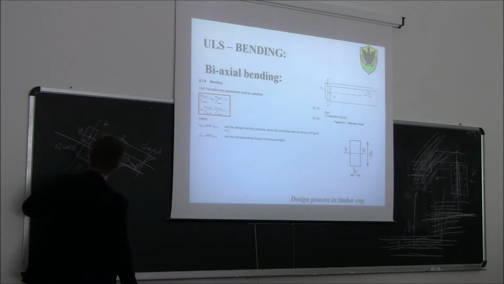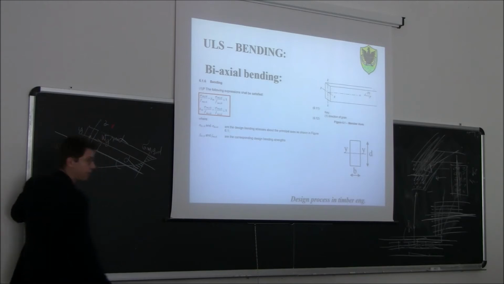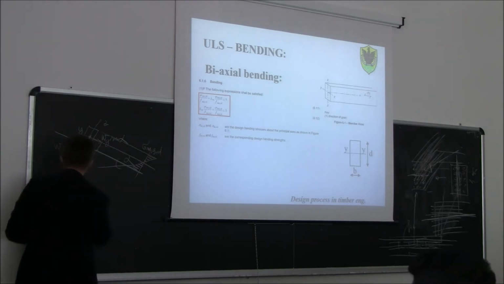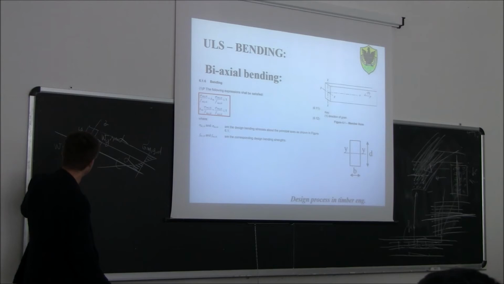So let's first study the stresses induced by the component of the load in the z direction. The component of the load in the z direction is W cos alpha, and it will induce some bending around the y-axis. So sigma MYE is basically the stress due to bending around the y-axis.